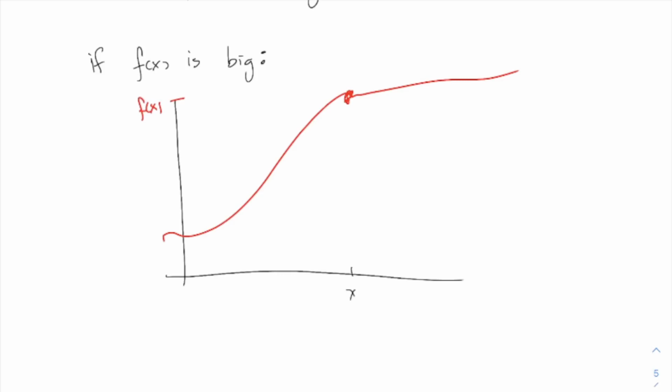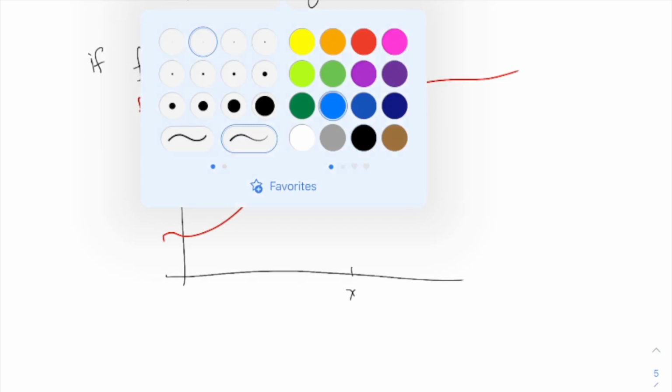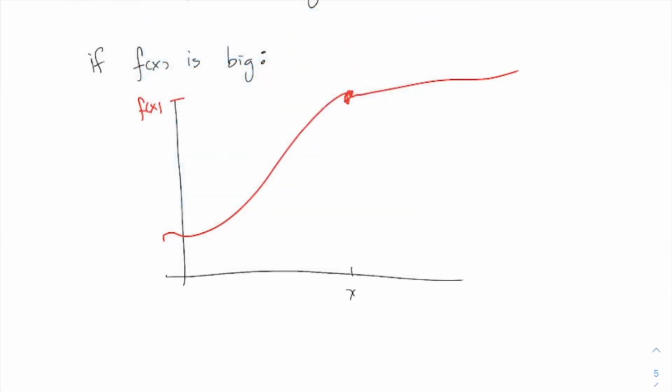If f of x is big, then what is g prime, remember, represents that thin blue area. And on this picture, it would look like this, right? This is g prime of x.